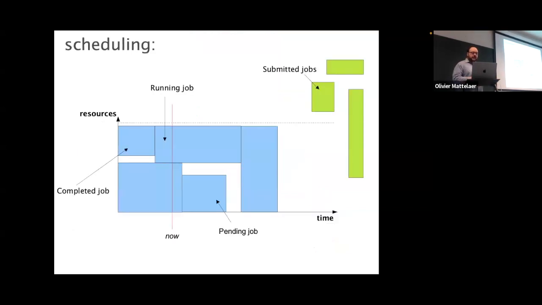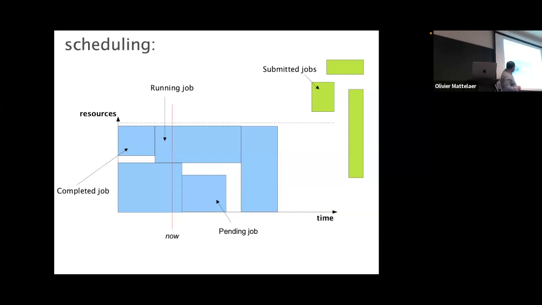So back to scheduling. The idea of scheduling is this: if you think of the cluster as a set of resources over time, you can see a job is consuming some amount of resources for an amount of time. So we can draw this as a rectangle in here, and this would be what we call a completed job. It has used for this duration all these resources, and it's done.